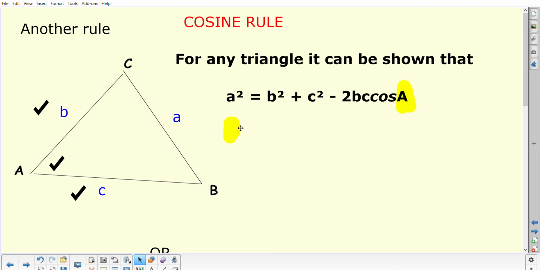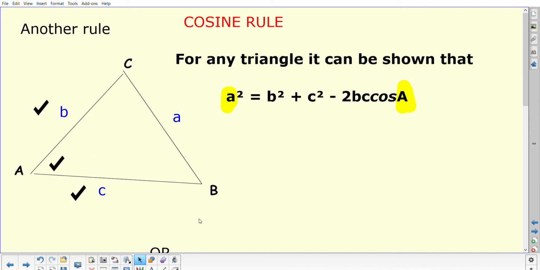Now notice that in your formula, the side you're trying to work out is lowercase a, and the angle is what goes with the cos at the end, and all the other letters in there are from the two sides that you know.